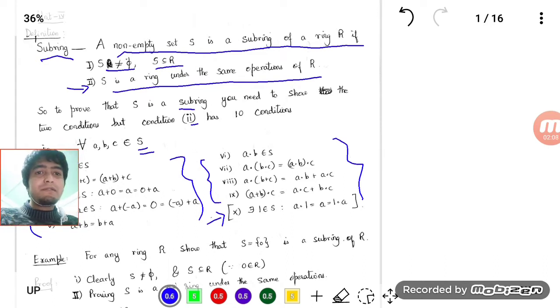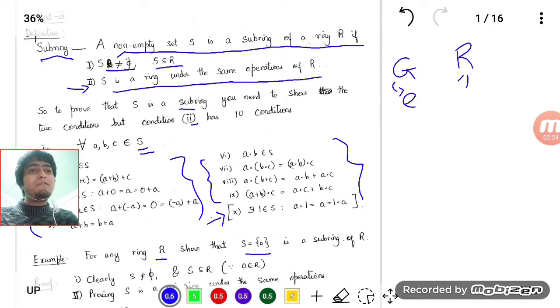So what is an example of a subring? For any ring R, you take only the 0 element. Remember that a group always has an identity element E. A ring will always have the 0 element, which we will denote by 0.